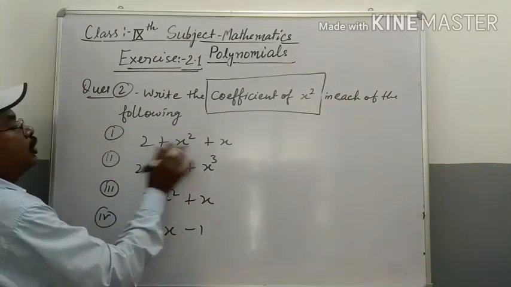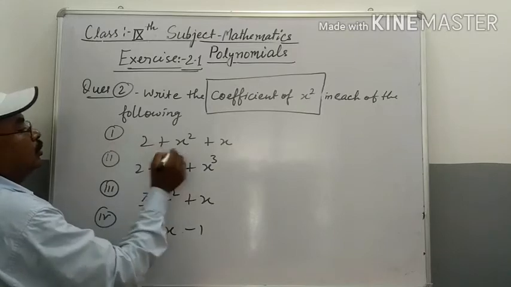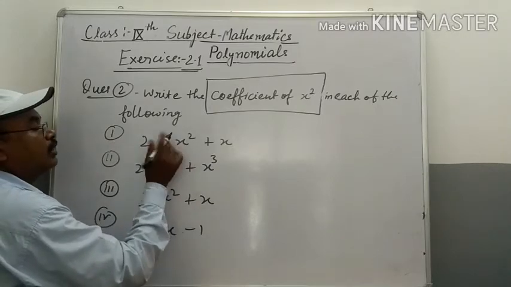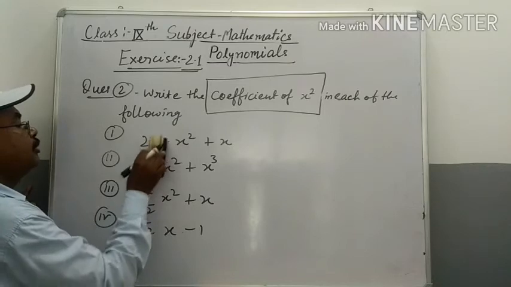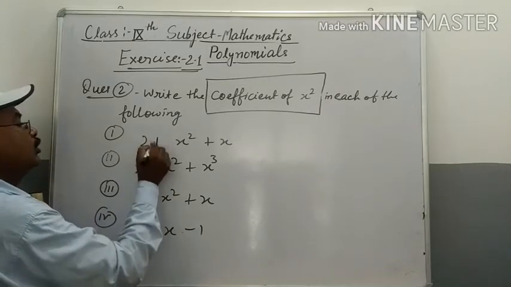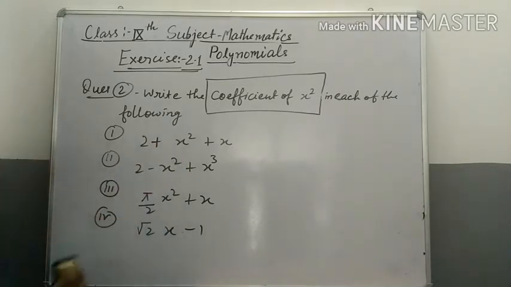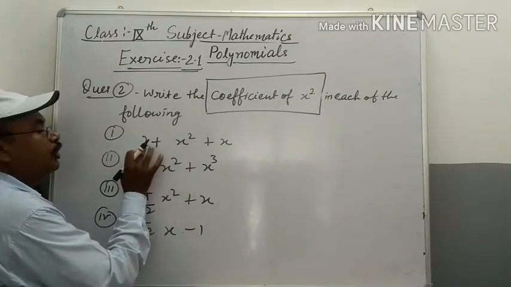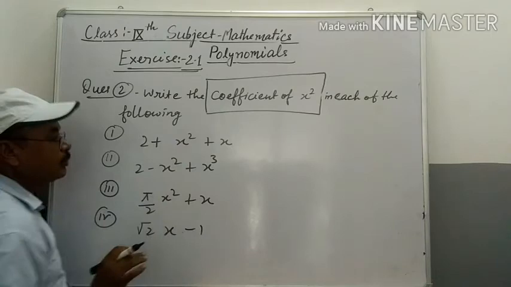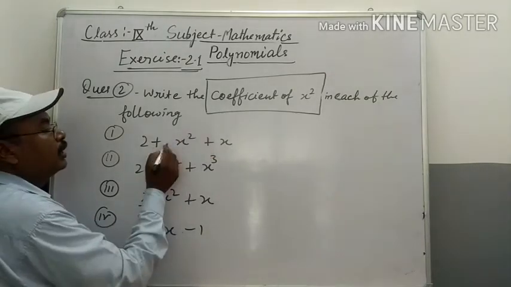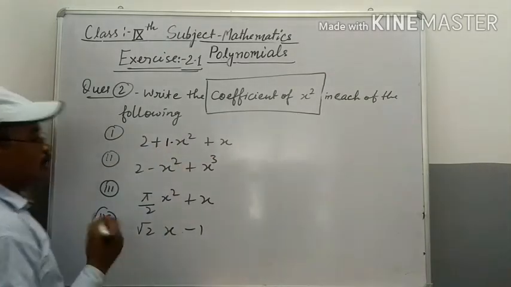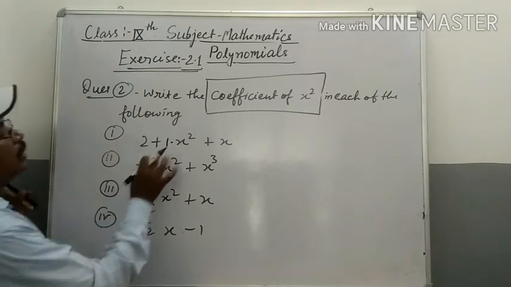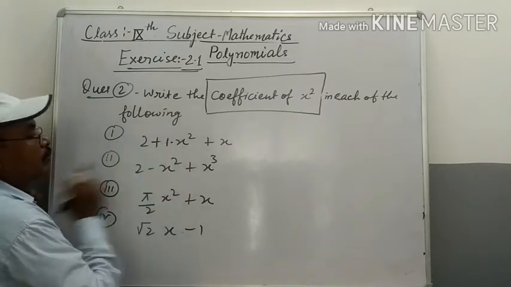x square in this polynomial, first, x square का गुणा वाला अंक, coefficient means गुणांक. It means for the coefficient of x square, there are 3 terms, 1, 2, 3, a trinomial, and here the multiplier of x square is a hidden 1, multiplied by 1.